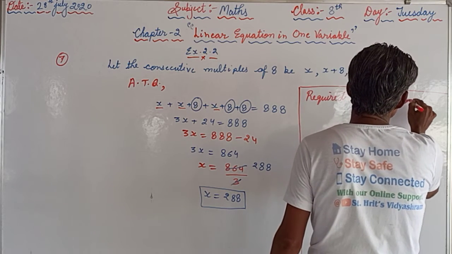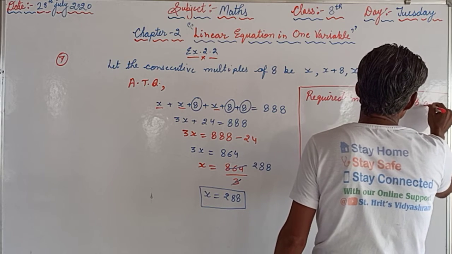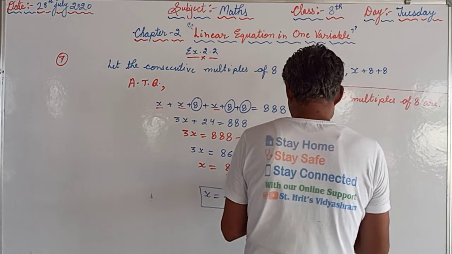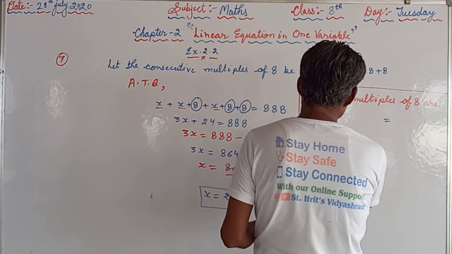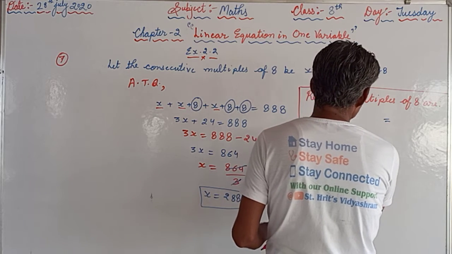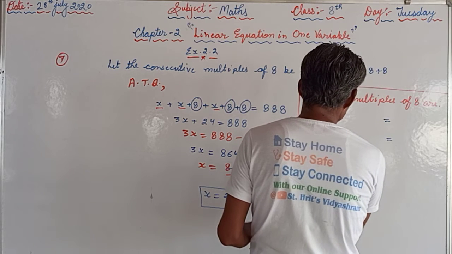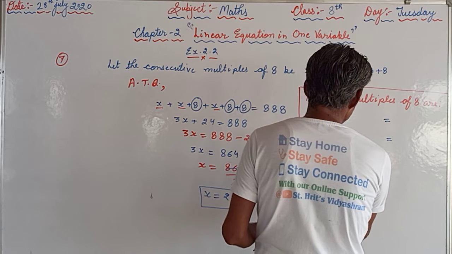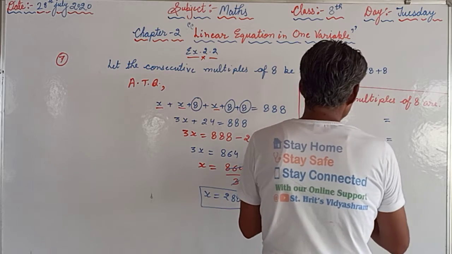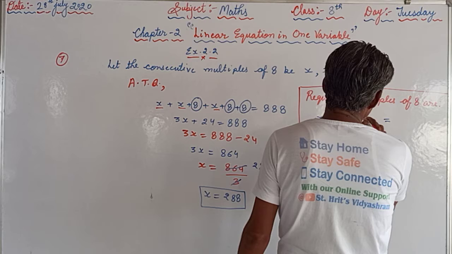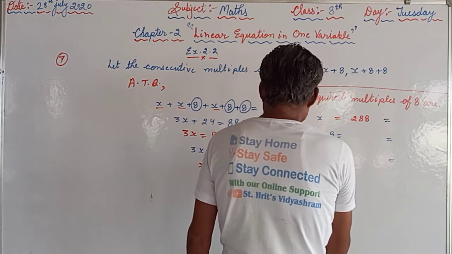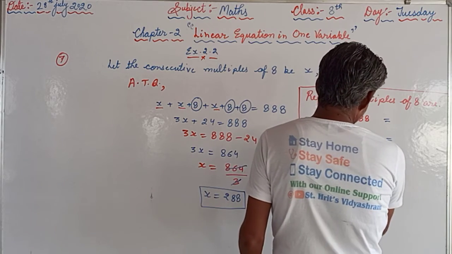Required multiples of 8 are: first one is x, second one is x plus 8, third one is x plus 8 plus 8. First one is x, and we already found the value of x, that is 288.